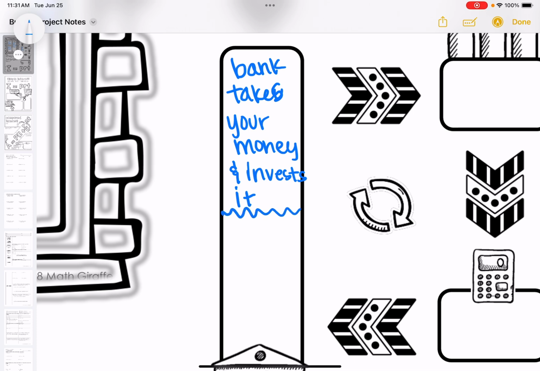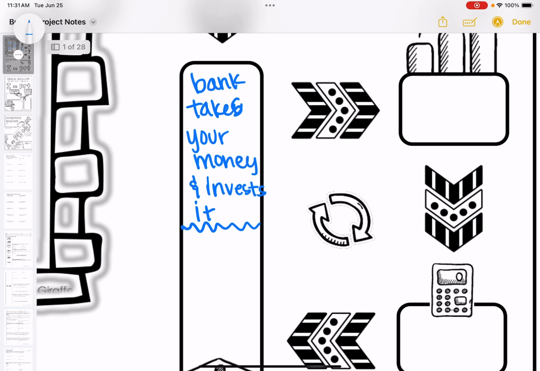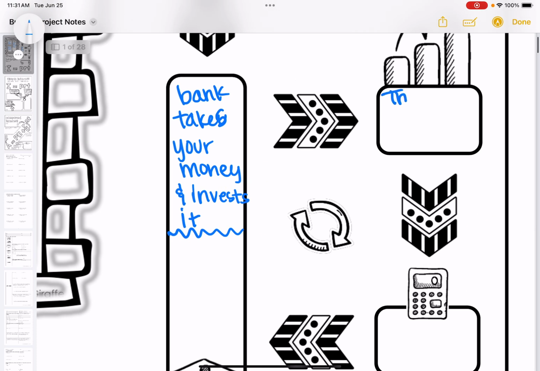All right, so you put it into a bank account, the bank then takes it and invests it in something. And then the bank, so they earn profit on your money.